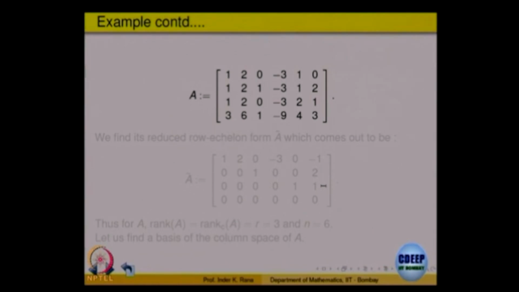I know the process of doing it. I will look at the first column, see where the non-zero entry is coming, make everything below it 0, and go on doing it. By elementary row operations, interchange is allowed, multiplication by a non-zero scalar is allowed and addition of rows is allowed.